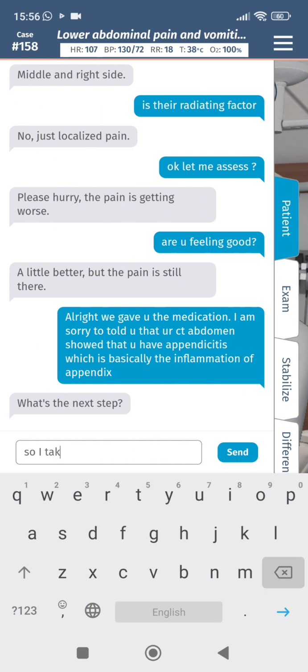Okay, the patient is curious to ask the next step, so we will tell about the general surgeon opinion and take consent for the appendectomy procedure, which is basically a removal of appendix.